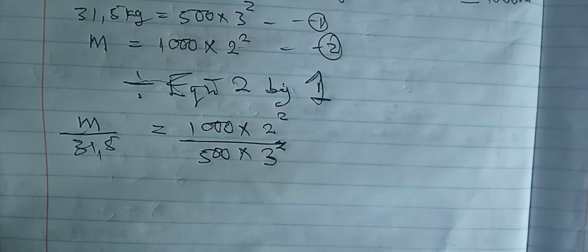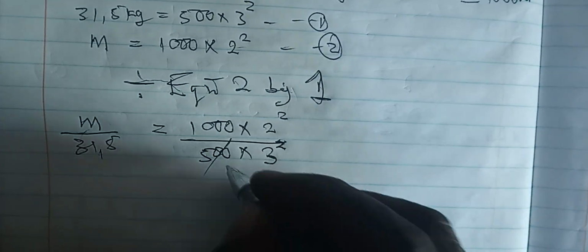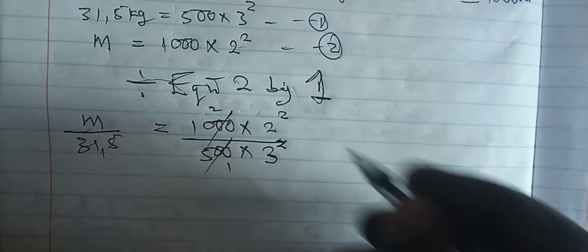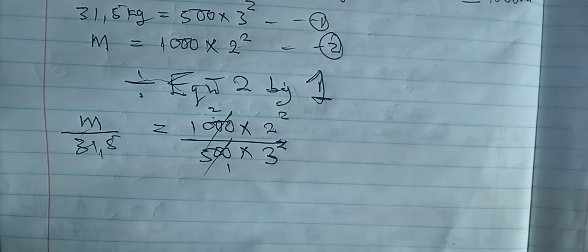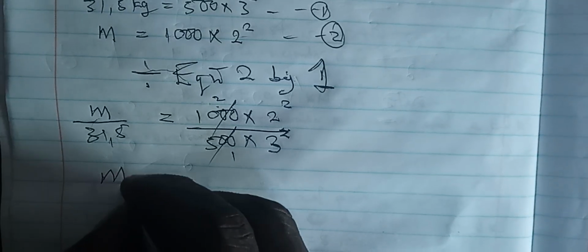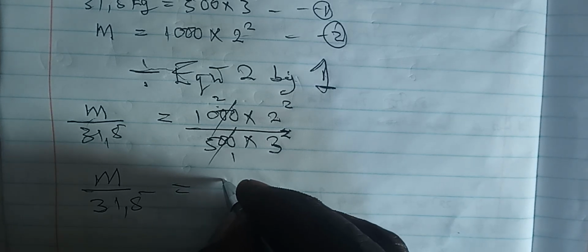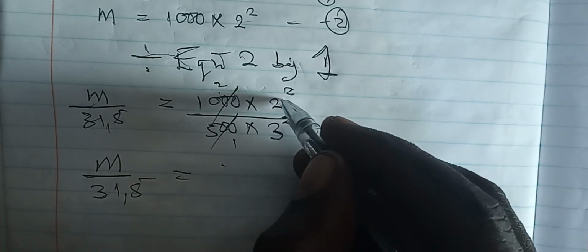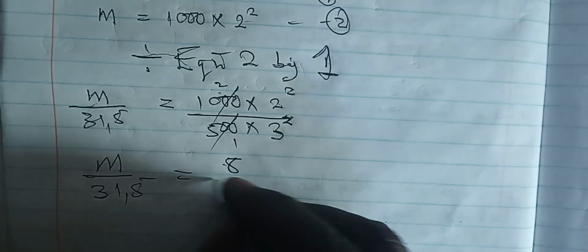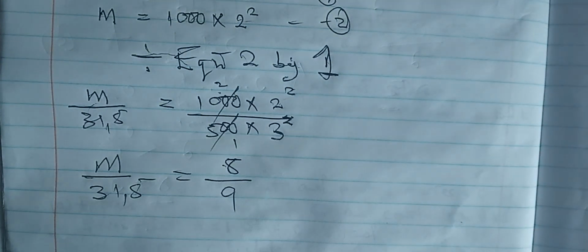So here if we simplify 1000 over 500, it's going to give us 2, and then 2 squared is 4, 4 by 2, we are going to have 8, and then 3 squared is 9. So we are going to have M over 31.5 is equal to 8 over 9.